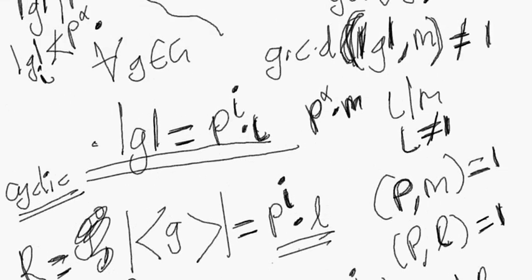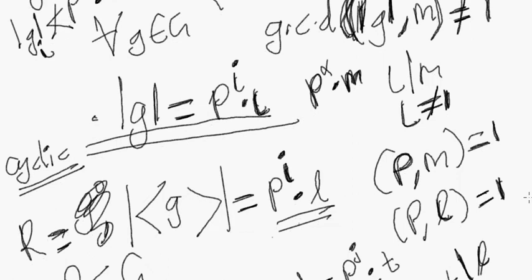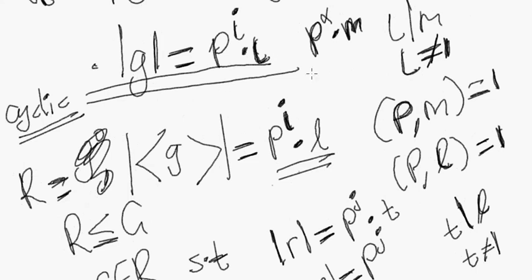Right, if the order of G and M are never relatively prime, then every element is of the form P to the I times L. This gives us the subgroup generated by little g, which has order P to the I times L. Fine.